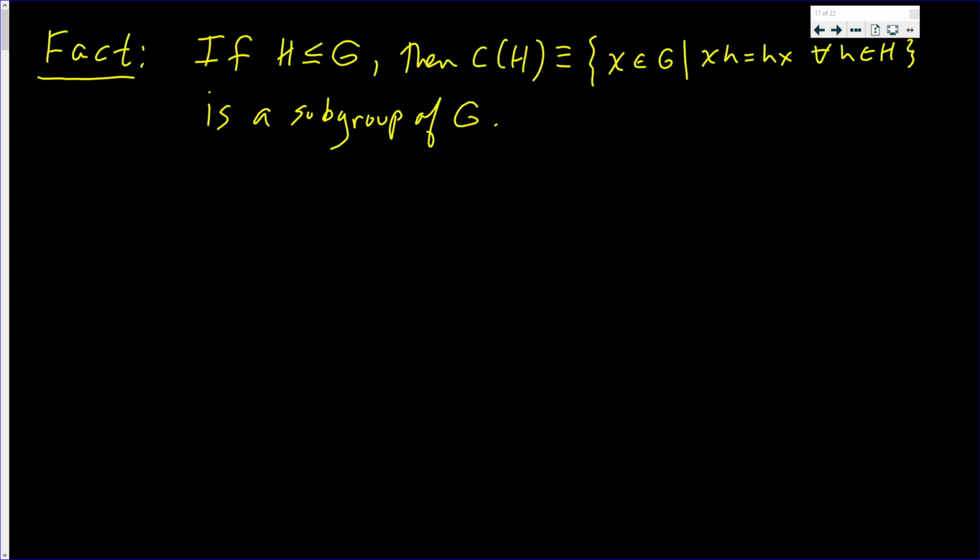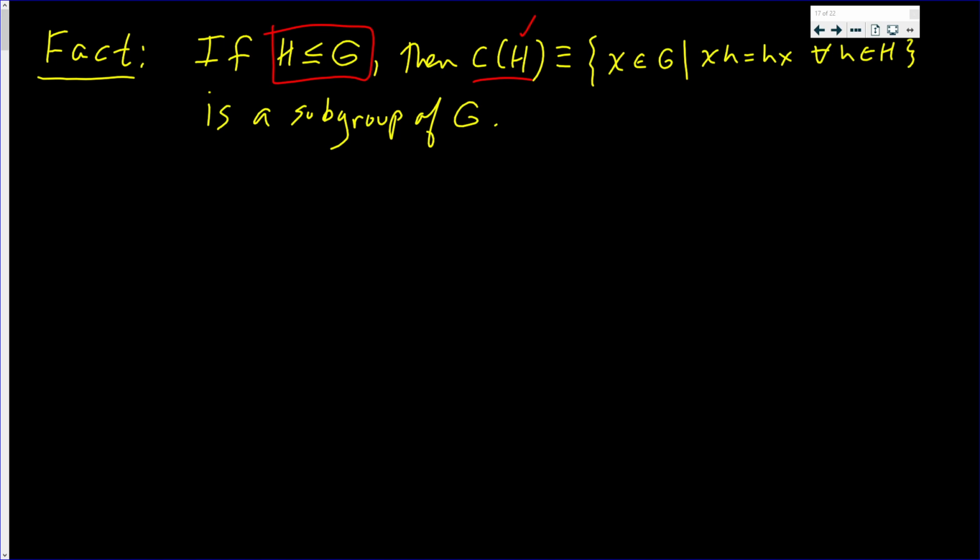This video is going to prove something that looks very similar to the last video. This time we're starting off with H as a subgroup of G. And then we define this new set that is a function of the fact that H is a subgroup.